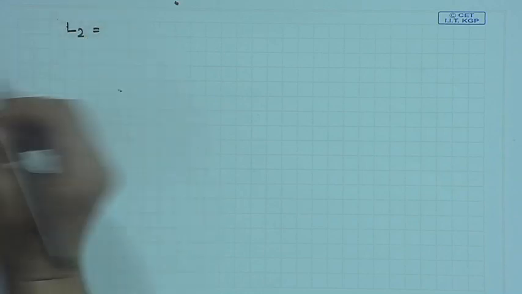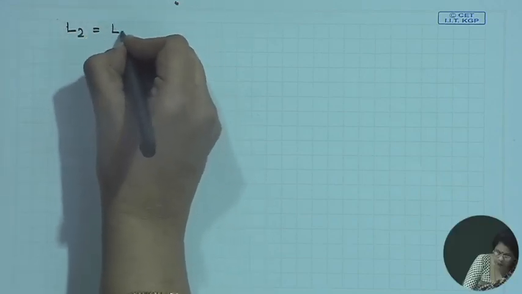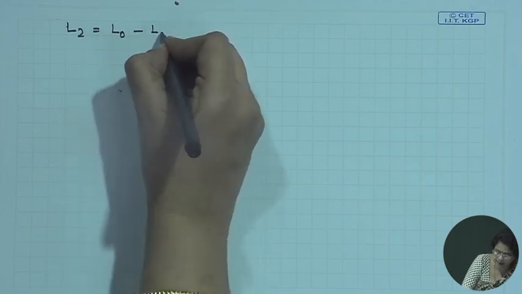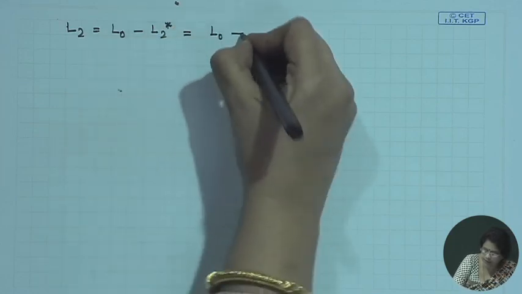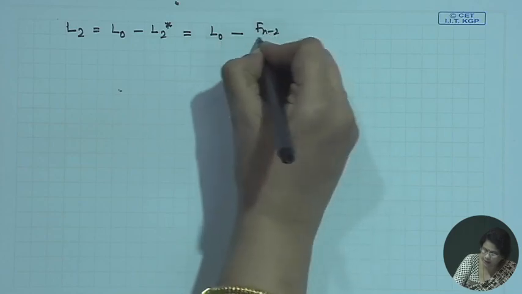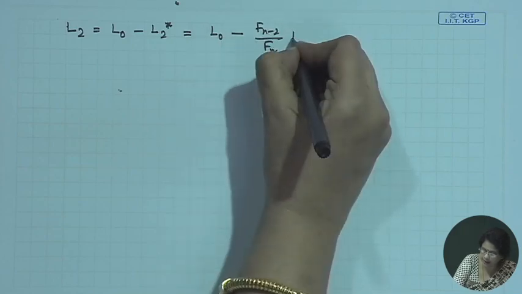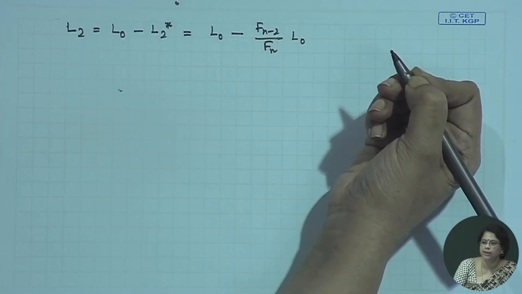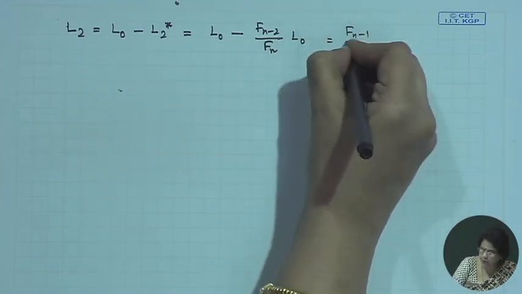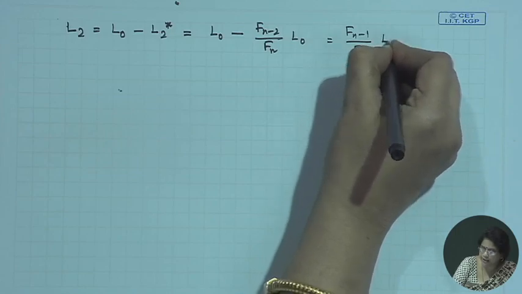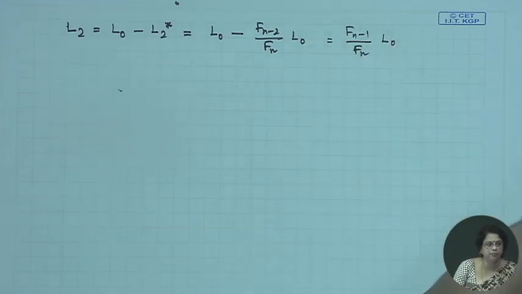Let me consider L2. L2 is equal to L0 minus L2 star. What is my L2 star? L2 star is equal to L0 minus Fn minus 2 divided by Fn L0. Alright. This can be even written as Fn minus 1 by Fn L0. There is no harm to write it in other way.